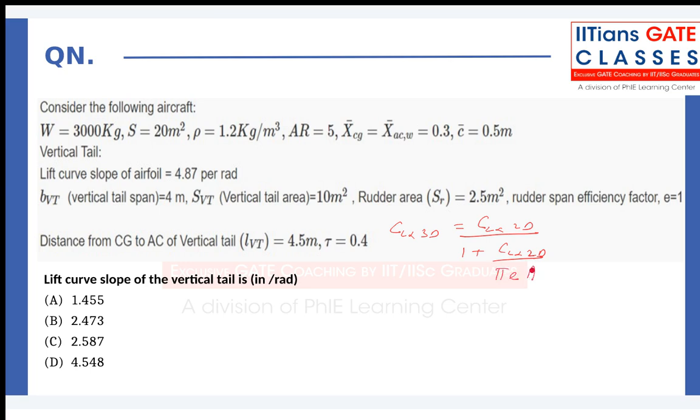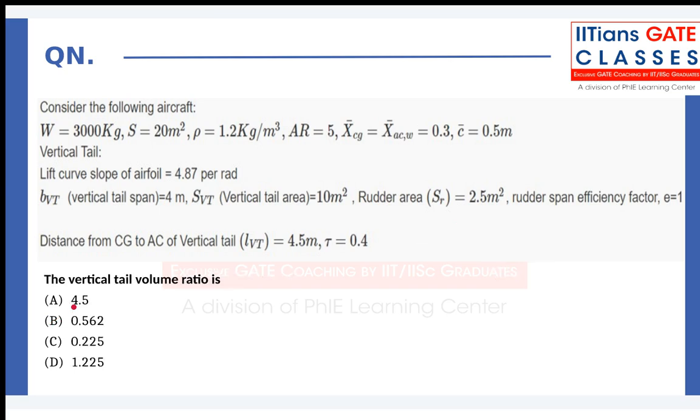So this is all in per radians, so you can just easily get it. Is it clear now? All right. So now if you substitute it, you will get 2.473. All right, let's go to the next question. Vertical tail volume ratio.